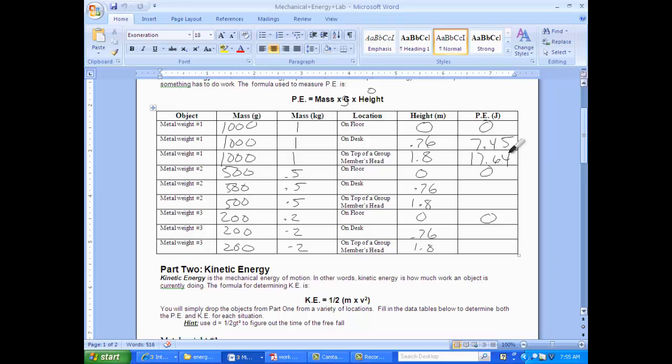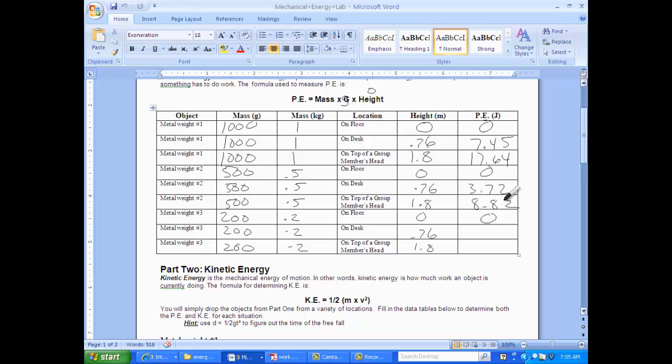It's the same formula over and over again. So now we do 0.5 times 9.8 times 0.76, about 3.72 is the potential energy of that mass from that height. And then 0.5 times 9.8 times 1.8 is 8.82.